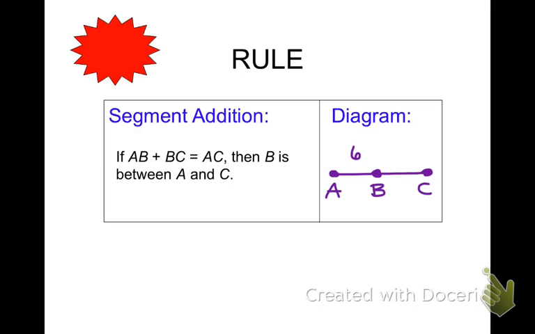If A to B was 6, and B to C was, let's say, 10. What will be the length from A to C? 16, right? This plus this should equal the whole. That's segment addition. You're adding segments together to get a whole segment length.